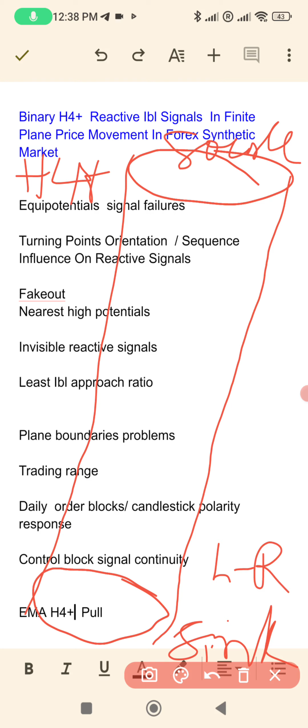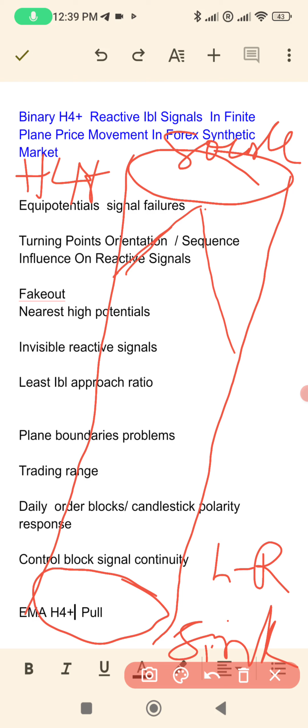So in the downtrend, we have a movement like this. The market went up like this and then dropped.